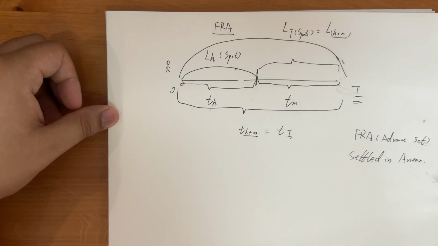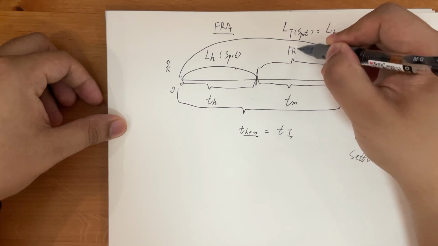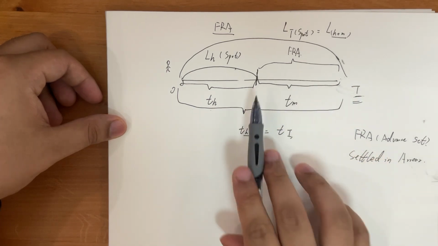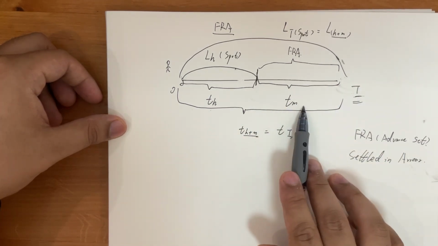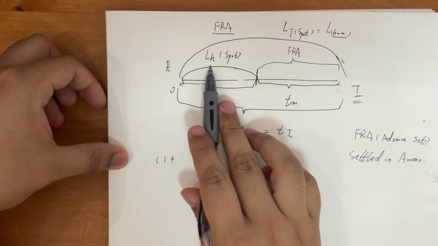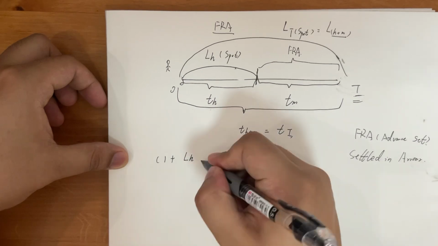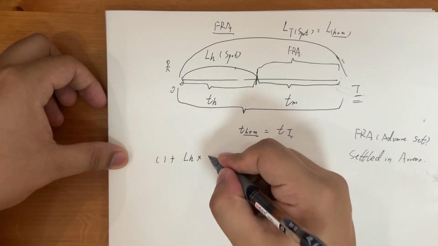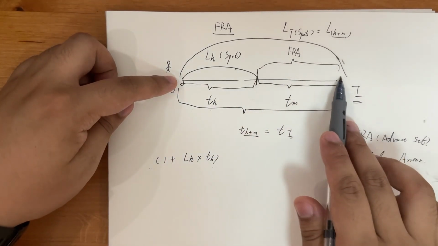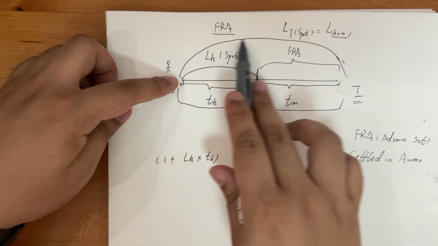So if you want to calculate the forward rate agreement here, starting from time h all the way to time t, the duration will be T_m. So 1 plus the spot rate here, L_h, times the time T_h, if you multiply, will equal to, you start at time 0 and go all the way to time t.